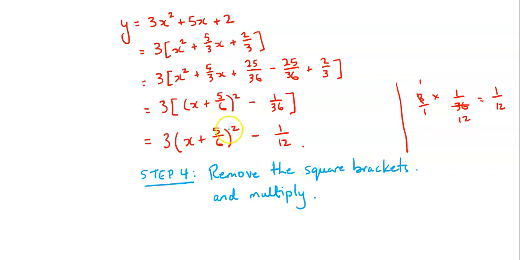The square takes precedence over multiplying by 3. We cannot multiply 3 by what is inside unless we expand what we have in brackets and then multiply by 3. But we have no need to do that, so we leave our answer as it is: 3 times brackets x plus 5 over 6 all squared, minus 1 over 12.